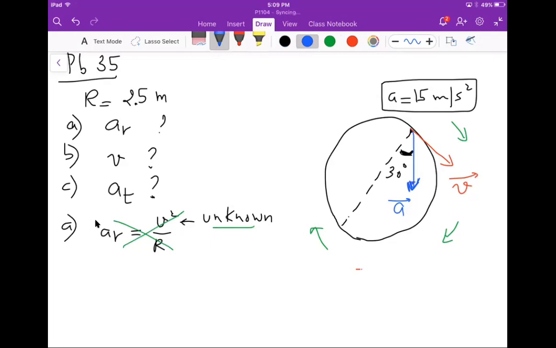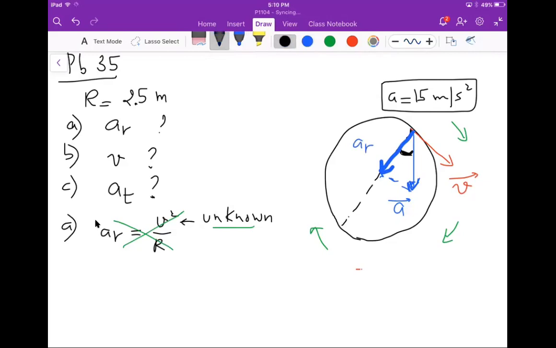We also know that this vector makes an angle of 30 degrees with respect to the radius. The radial acceleration is the acceleration along the radius, so if we project this vector along the radius, we can simply deduce the radial acceleration. It's over there, right? So this is AR, basically.